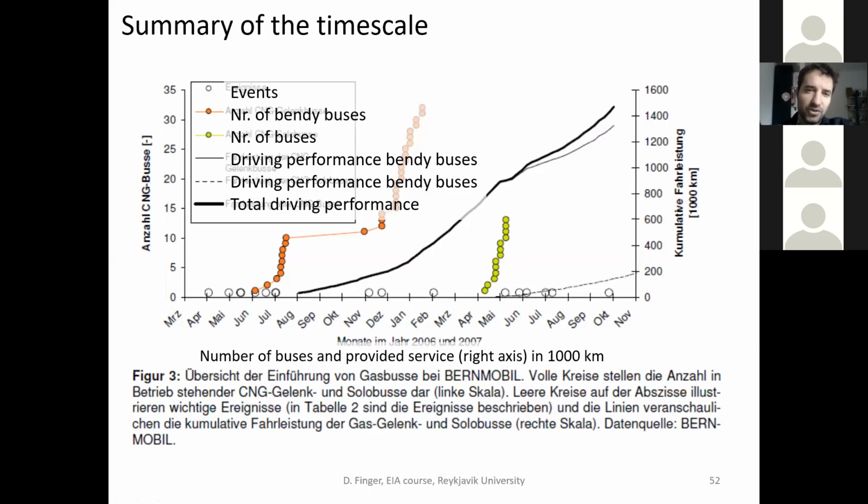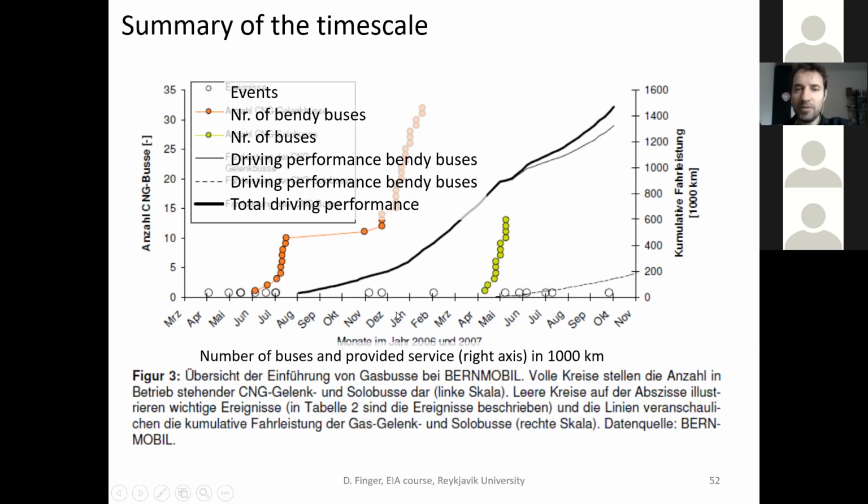We also described exactly how the number of buses was introduced. Here on the x-axis you have the time axis. I'm sorry, this is all in German because the report was written in German, but I think the figures are pretty understandable. You have the number of buses that have been introduced: these are the solo buses, and these are the bendy buses, the big ones with 150 person capacity.